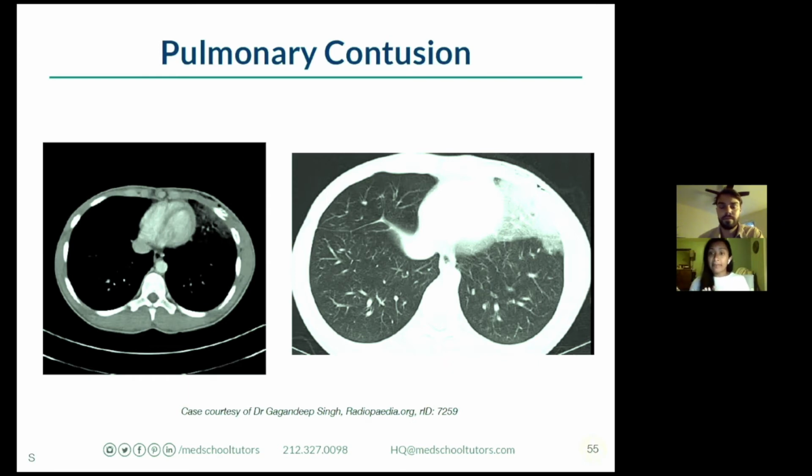Because of the mechanism of injury, you're jerked forward and the seatbelt restrains you back. If there's enough force, it can cause significant injury to the lung because of that blunt force trauma. So that history plus that geographic distribution: if you see it in this one anterior distribution, pulmonary contusion for sure.